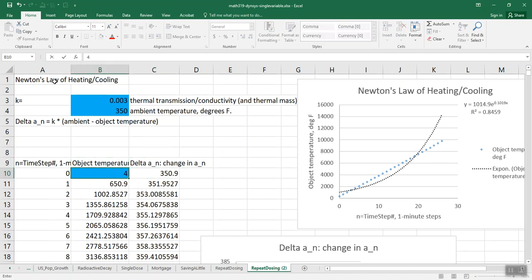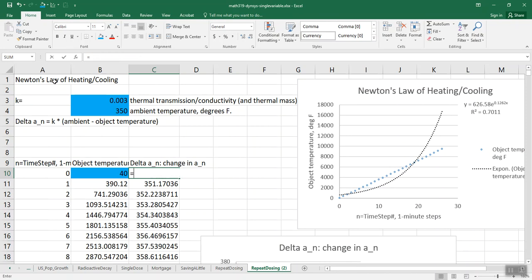And we said let's start it at 40 degrees, and our formula is the K value times the ambient reference minus the current object temperature.